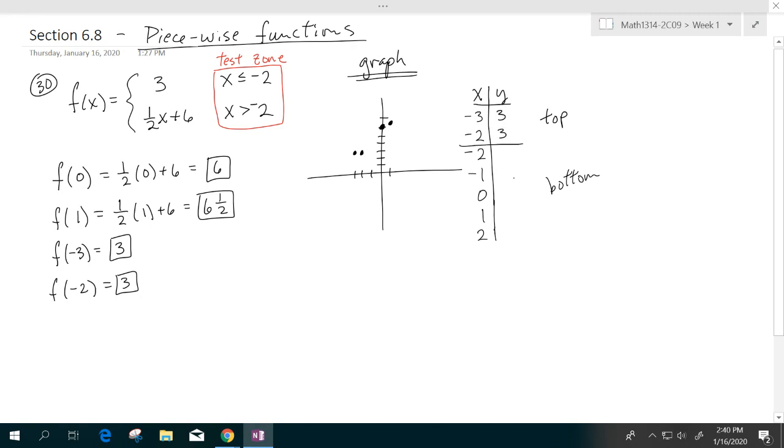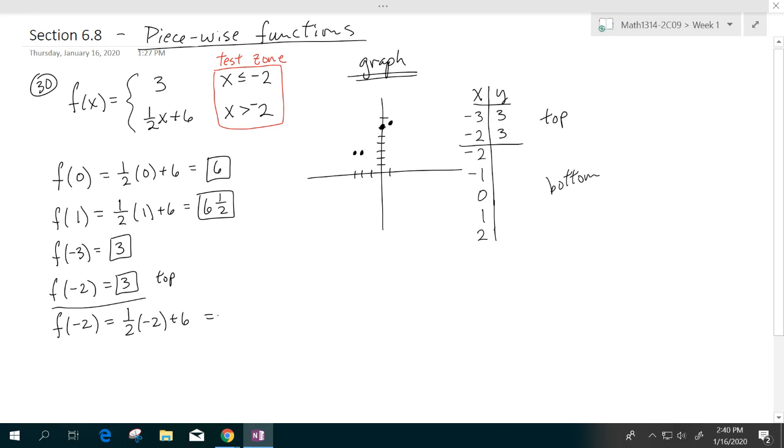We didn't actually do negative 1, did we? We did positive 1. Well, we need to do negative 2 in the bottom also because I said so. So let's plug negative 2 into the bottom piece and let's see what we get. Okay? So f of negative 2, this is top, this is bottom. 1/2 x plus 6.